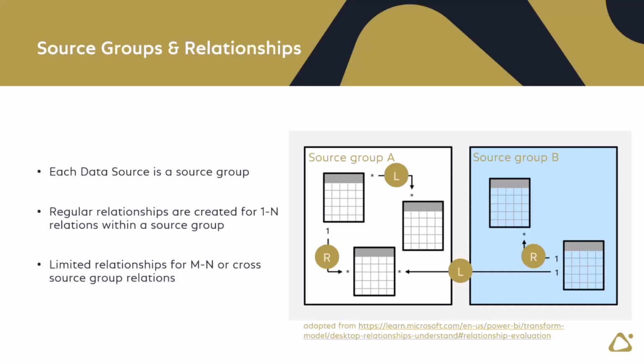And last but not least, there's no blank element created on limited relationships if you have an issue with your referential integrity. So those are all things we usually take for granted in a Power BI model because they are granted in a regular relationship. But in limited relationships, they are gone.